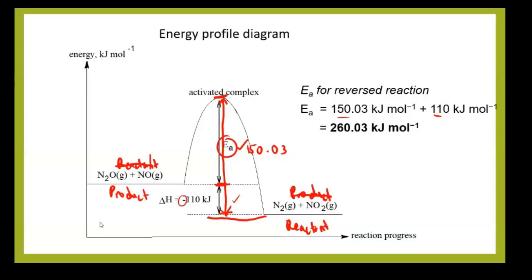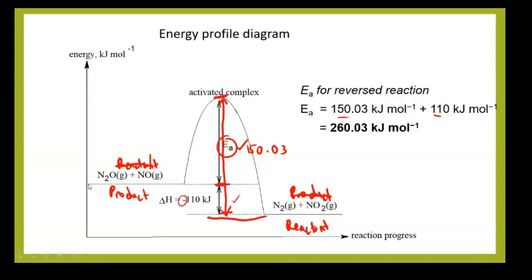So yang awak kena faham apa itu activation energy. Activation energy is the minimum energy required to initiate the reaction for the reactant. So reactant tu yang kena ada energy yang enough, yang kita belajar dalam collision theory. The reactant must have total kinetic energy equal to or greater than activation energy to initiate the reaction, right? So EA mesti daripada value reactant until the peak, until the activated complex.